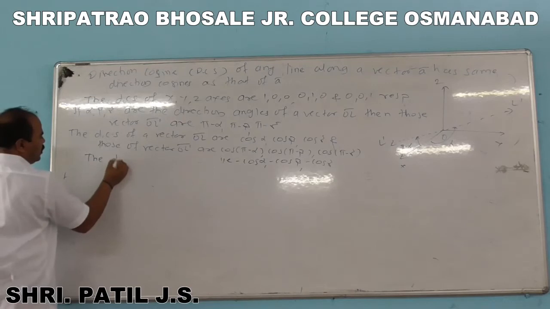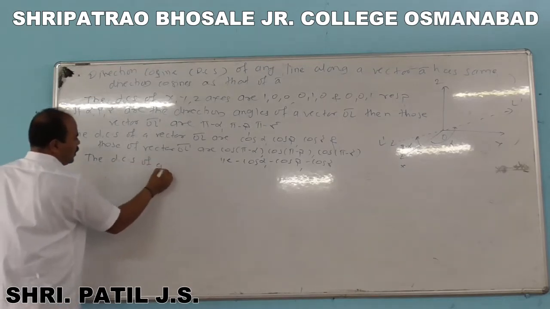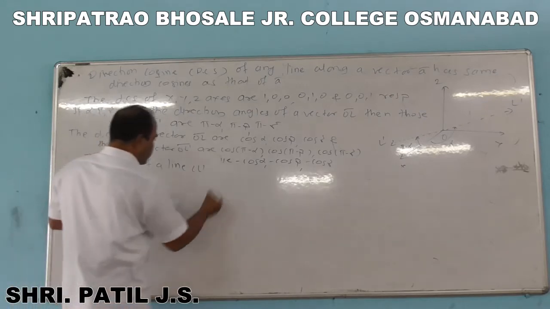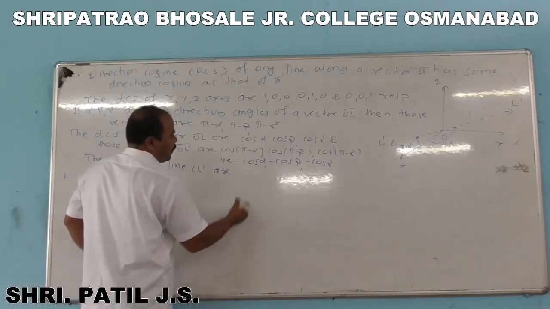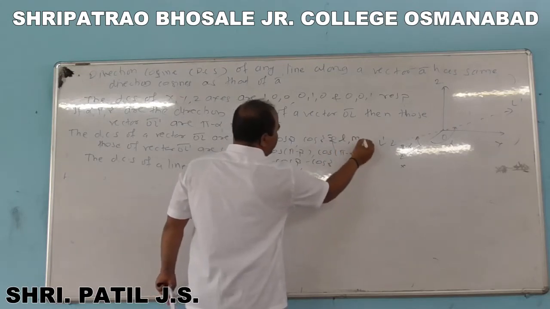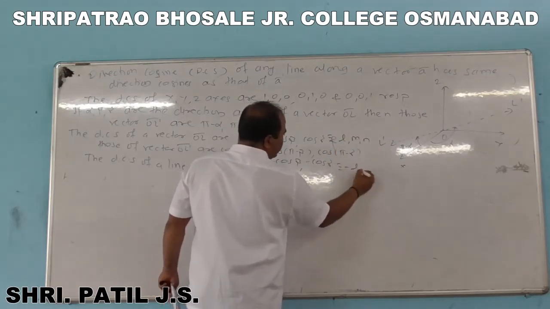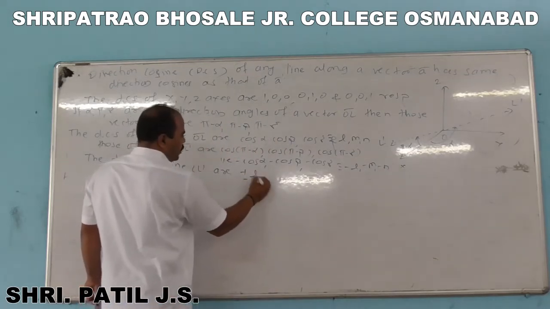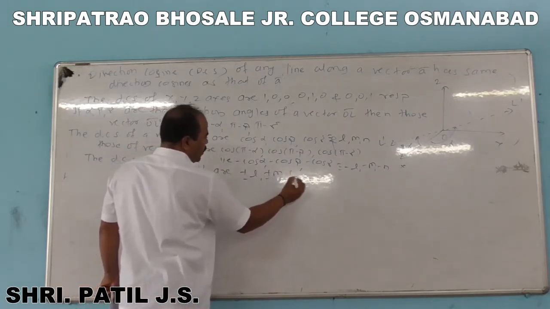Hence the direction cosines of the line OL dash are equivalent to minus l, minus m, minus n, so plus or minus l, plus or minus m, plus or minus n.